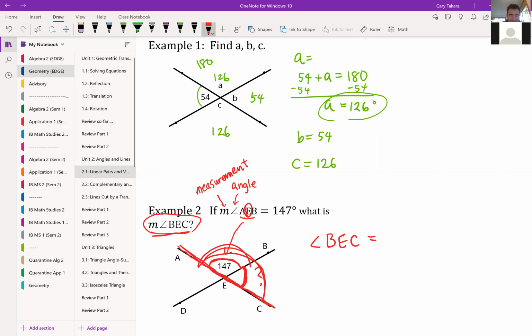So again, 147 plus angle BEC is going to be equal to 180. Okay. So now you subtract 147 on both sides. So what is angle BEC equal to? 33.